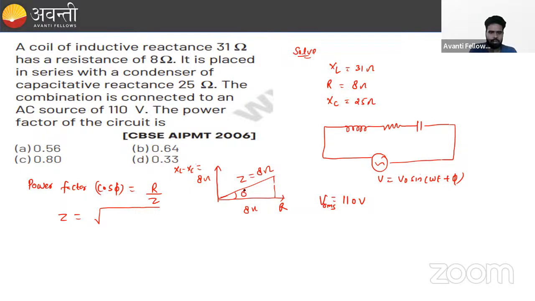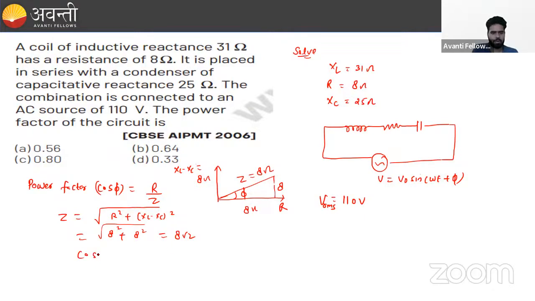If we talk about this angle, it will become 45 degree. Z can be written simply as the square root of R squared plus XL minus XC whole squared, and the value of R is 8, and this will also become 8. 8 squared plus 8 squared, so this will become 8 root 2.